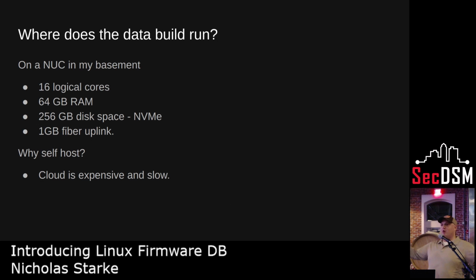Where does this project run? Well, all of the data processing occurs on a little bitty NUC in my basement. This NUC is like an i5 12th generation processor. It's only got 16 logical cores. It does have a lot of RAM, although you don't need a lot of RAM to do this sort of operation.